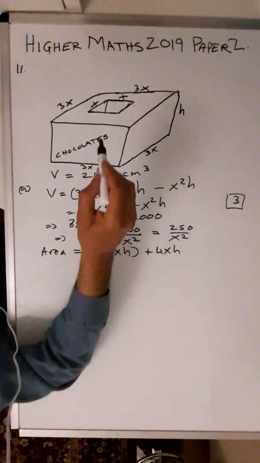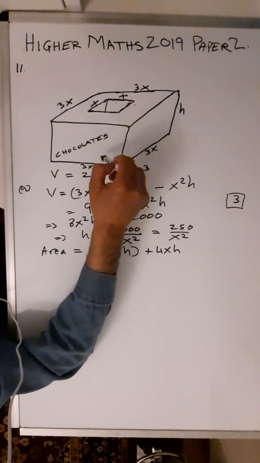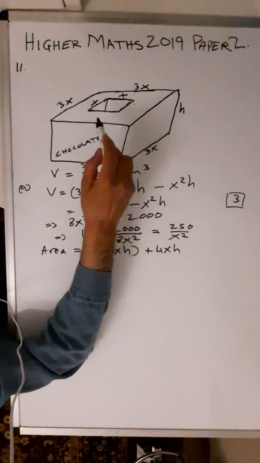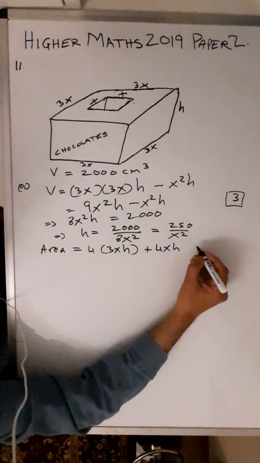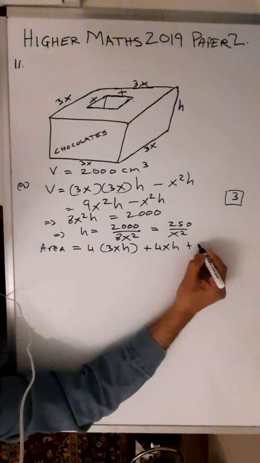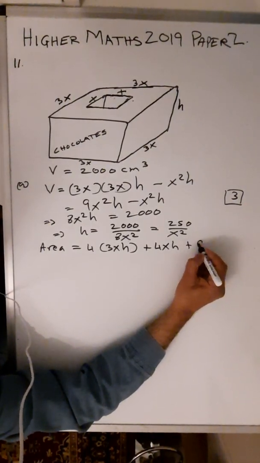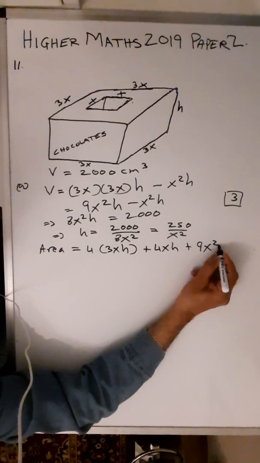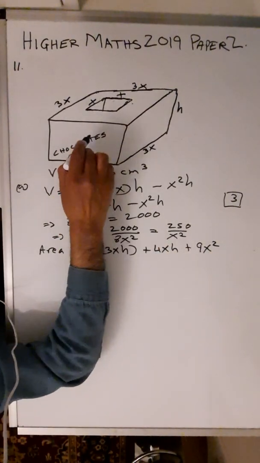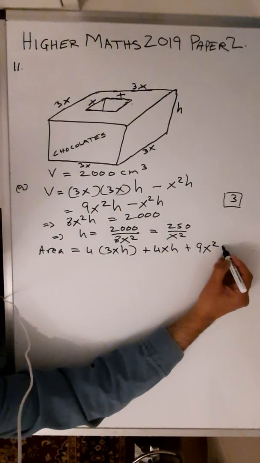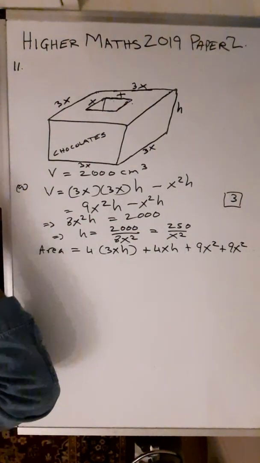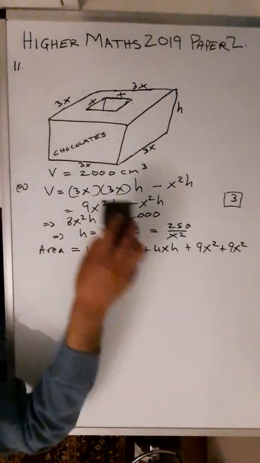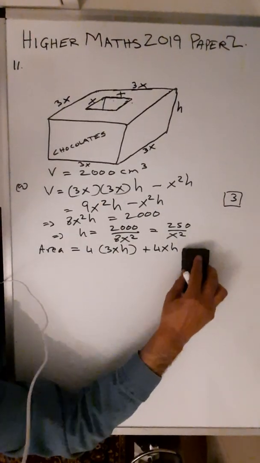You also have the area at the top and the area underneath. So this area at the top is 3x by 3x, which is 9x squared. The area underneath is also 9x squared. And the area that you're losing there, I'll maybe write that on the next line.